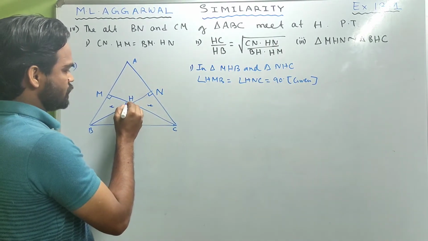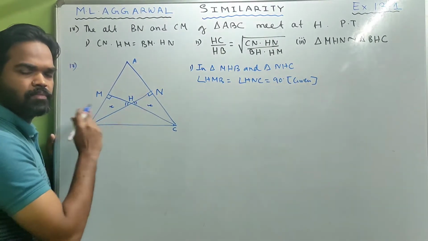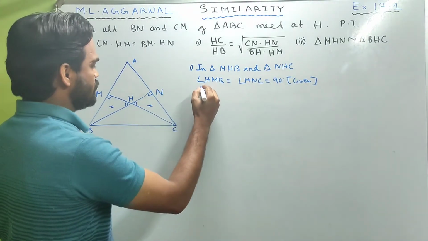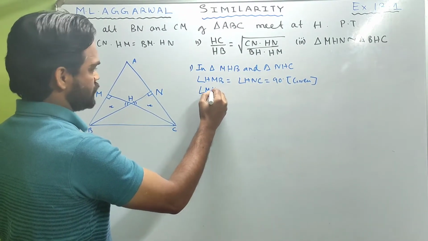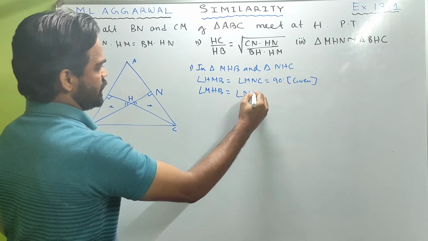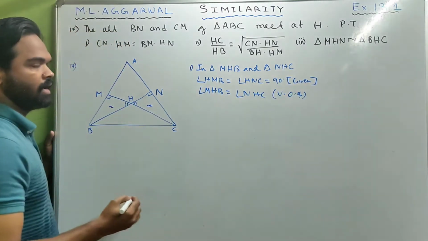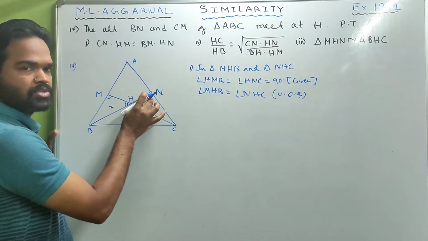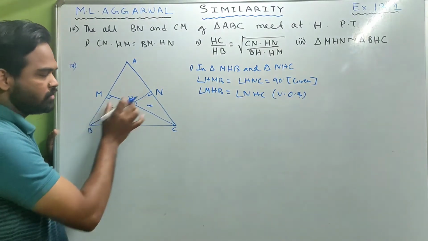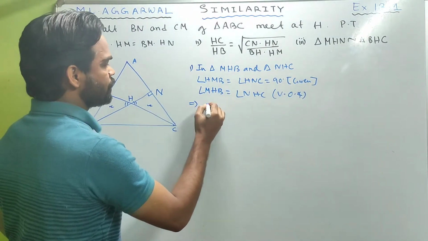Then this angle and this angle are equal. Why? They are vertically opposite angle. Angle MHB is equal to NHC. That's vertically opposite angle. No doubt in that. Which means two angles of this triangle are equal to two angles of this triangle. So they are similar.